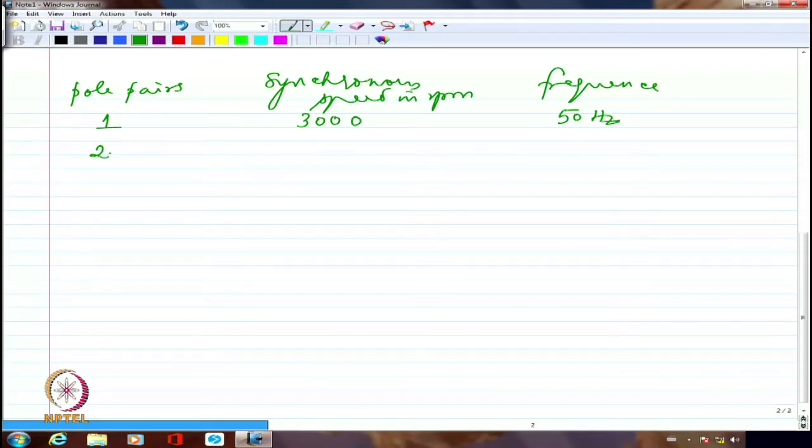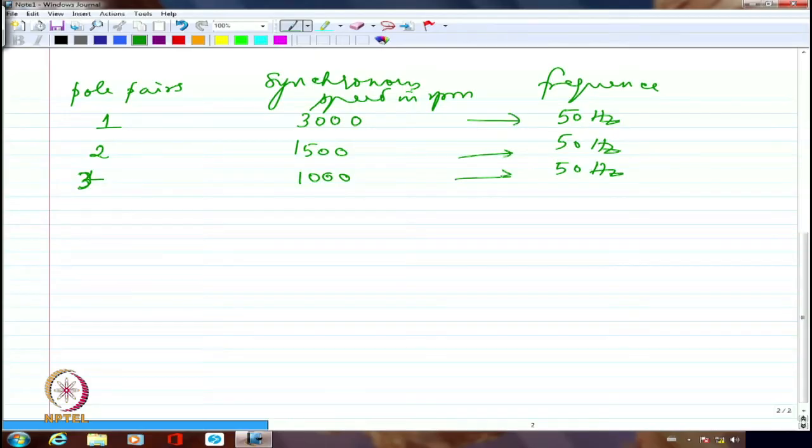If I have 2 pole pairs, it will be 1500 RPM for 50 hertz itself. If it is 3 pole pairs, please understand it has to be in a pair. I can't have an odd number. So if there are 3 pole pairs, I am going to have how much? 1000. And so on and so forth. All the frequencies correspond to 50 hertz. Is this clear?